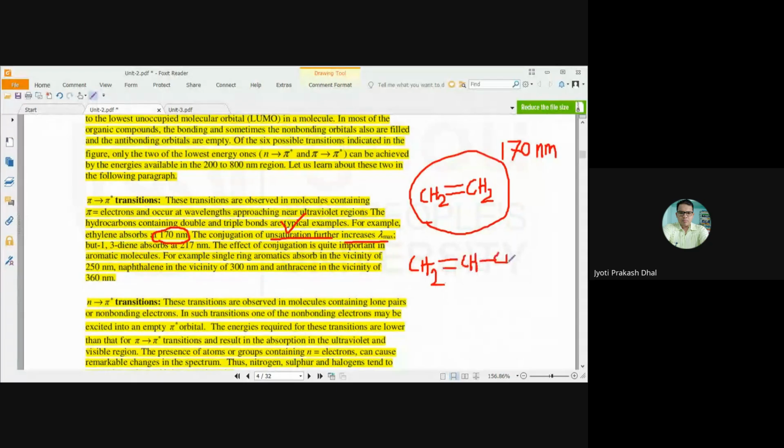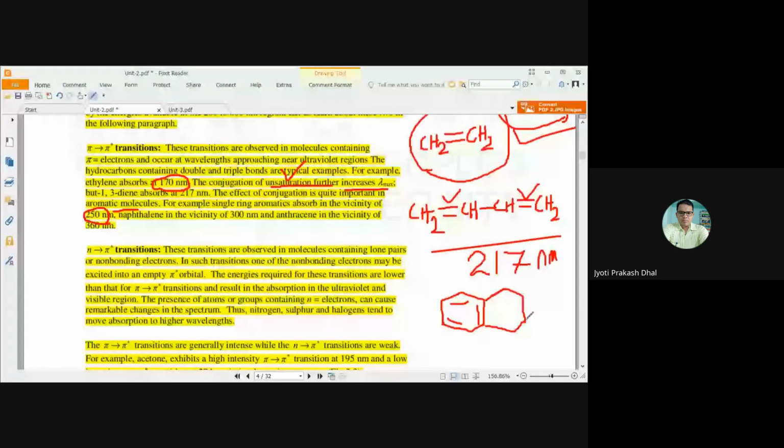For the ethylene molecule only one double bond is there, but for buta-1,3-diene two double bonds are there, and the two double bonds are in conjugation with one another.